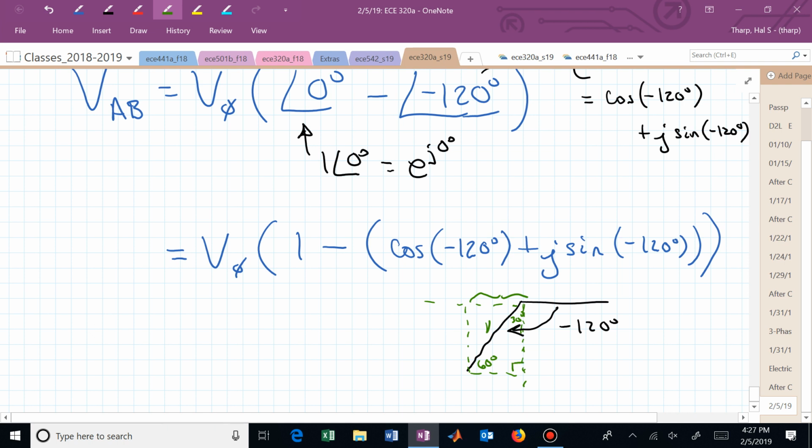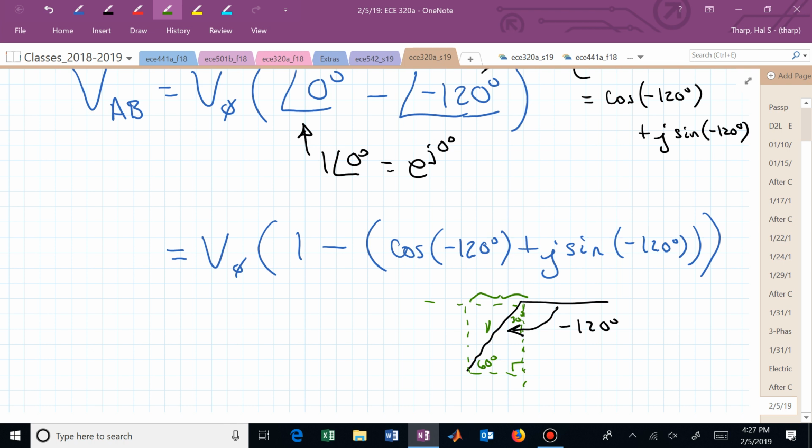And it has a hypotenuse of 1. That means that this side opposite the 30 is how long? It's half of this hypotenuse. So the cosine of minus 120 is minus 1/2. I forgot my calculator. Well, you didn't even need it. You can think your way through that analysis.